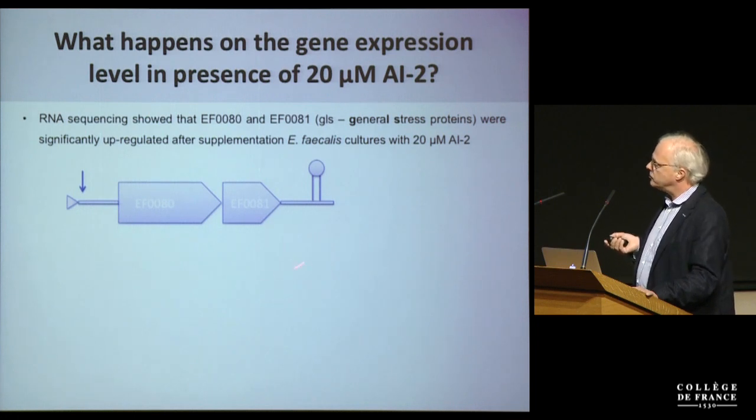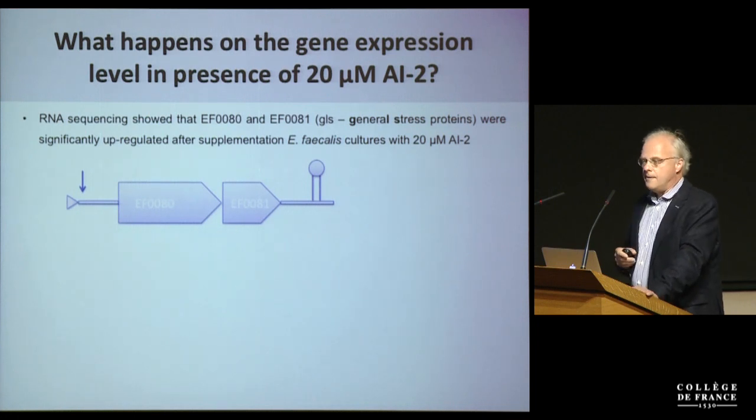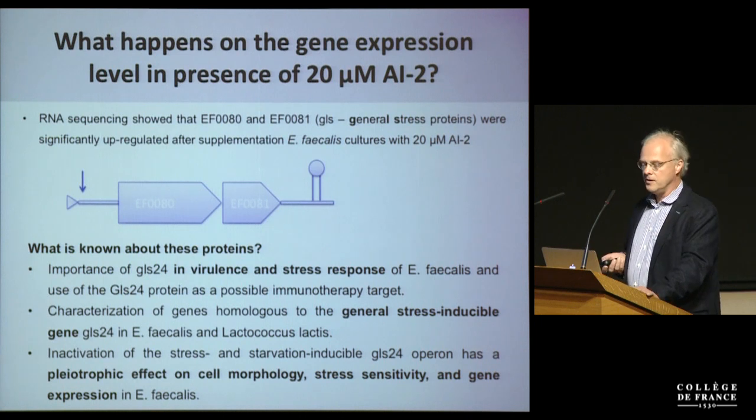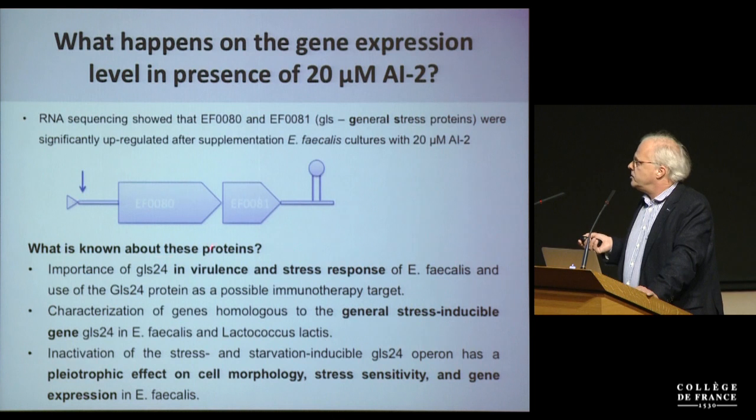And we found a locus, shown here, that was strongly upregulated at 20 and downregulated at 100 micromolar of exogenous autoinducer 2. These genes have been known and have been studied.